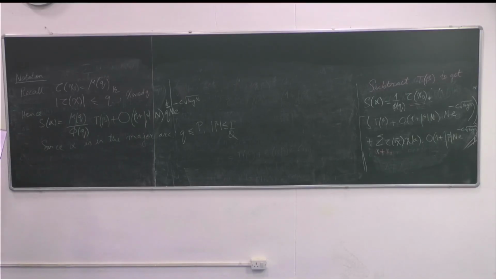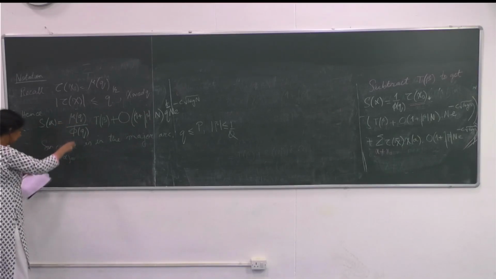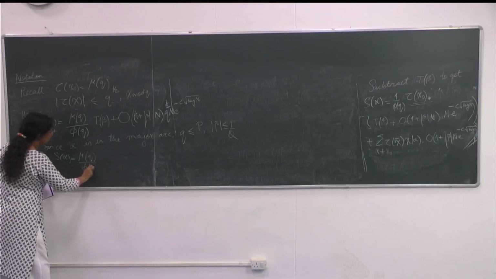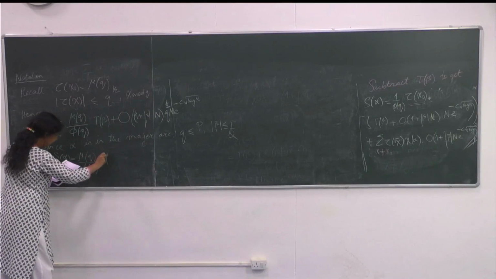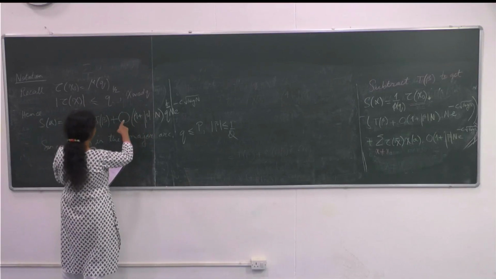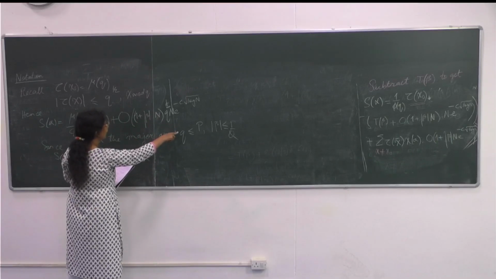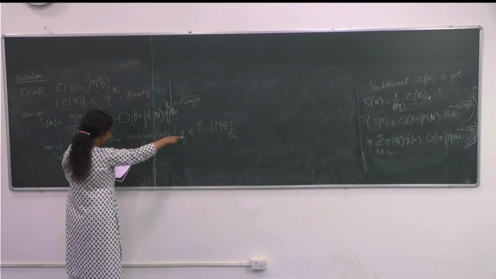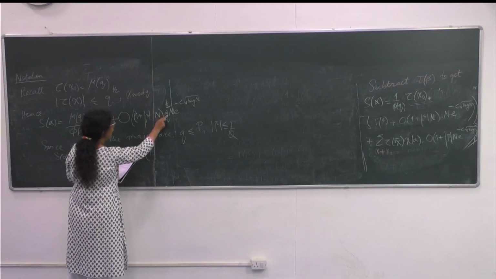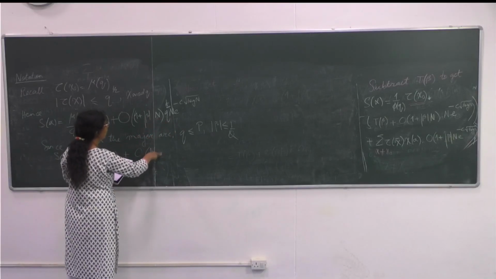So S of alpha now, therefore, is equal to mu of q, phi of q, T of beta, plus big O. Since q is up to P, this whole thing becomes N. I have q up to P and beta bounded, so I use the bounds for them.